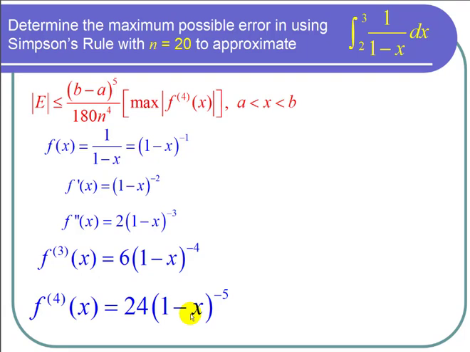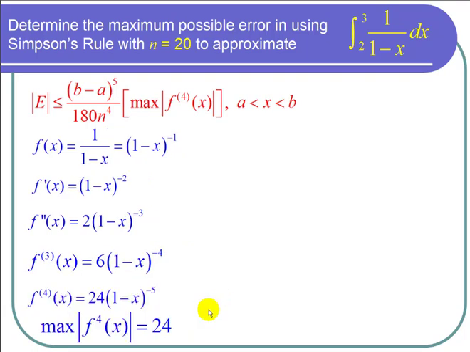So the very maximum this fourth derivative could be is when x is equal to 2, and then you get 24 times negative 1 to the negative fifth power in absolute values, which is just 24. So we could say the maximum of the fourth derivative between 2 and 3 really is 24.